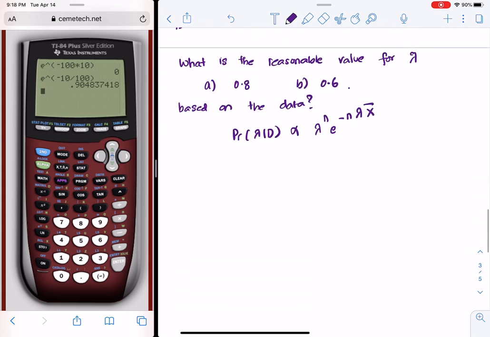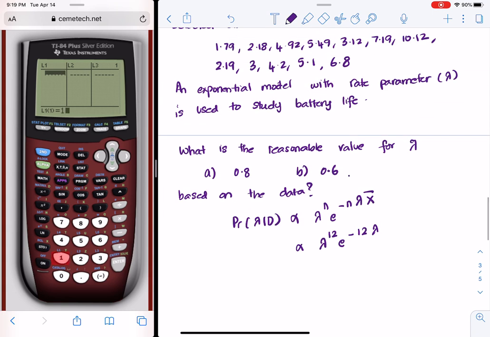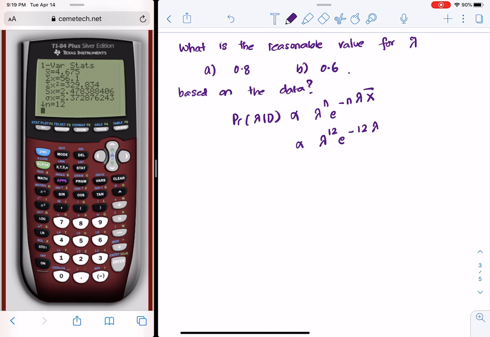So let's go ahead and find the mean. So here we have lambda raised 12 e raised negative 12 times lambda. And it ends up being 4.675.